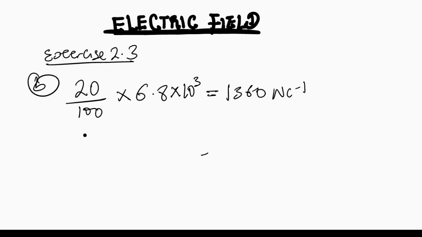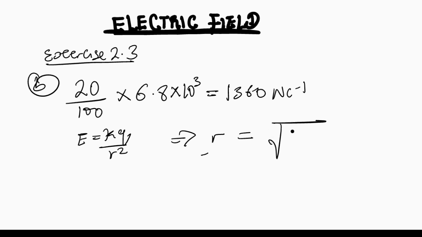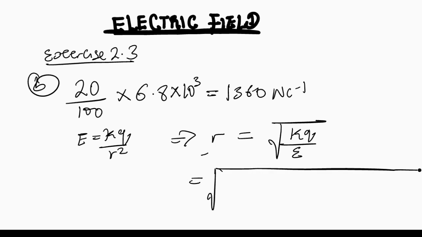So that means that they are indirectly asking you for distance, kq over r squared. Then make r the subject of the formula. That means that r is equal to, right, the root of kq over e. What is k? 9 times 10 raised to power 9.